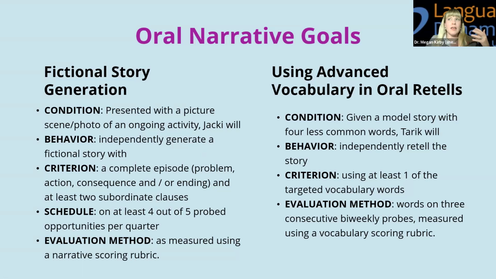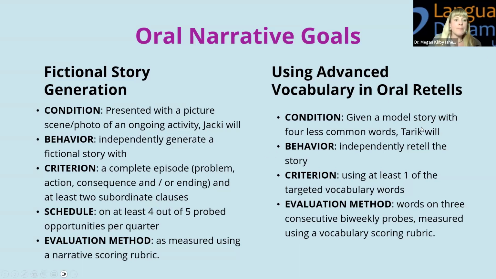Right? I always think about the ADOS, but Jackie will independently generate a fictional story that has a complete episode and at least 2 subordinate clauses, right? So I'm embedding 2 different targets. They're working on fictional story generation, and they're also continuing to work on using causal and temporal subordinates. All right.